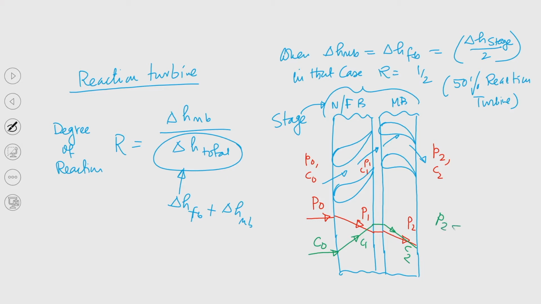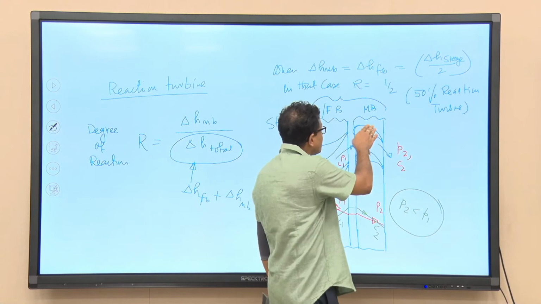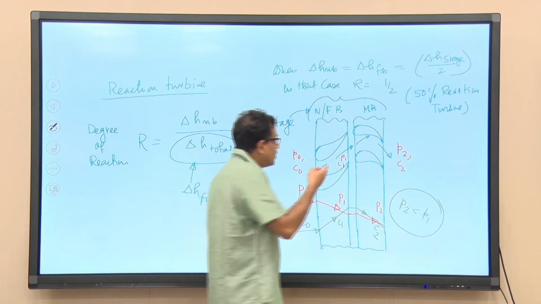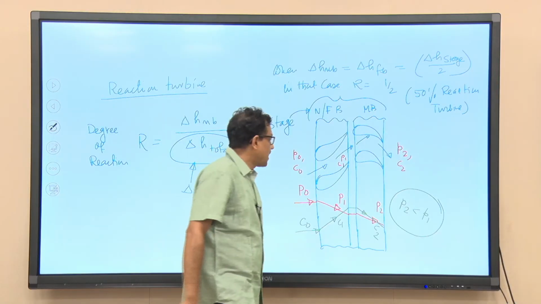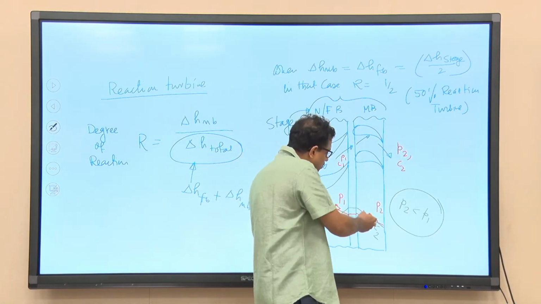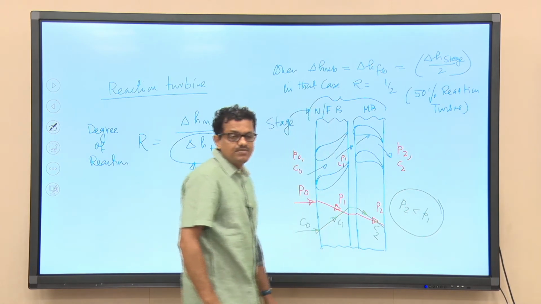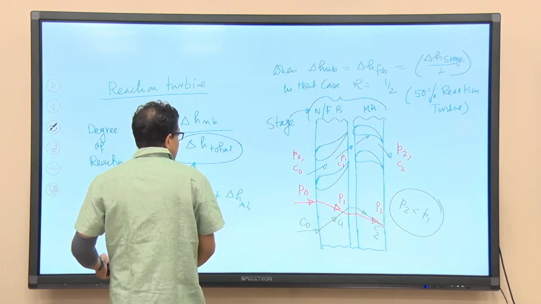Accounting for this pressure drop, there will be an increase in the kinetic energy of steam as it passes through the row of moving blades, and that is why we have discussed that the moving blades are of nozzle shape. So, there will be a slight increase in the kinetic energy of the steam even when the steam is passing through the moving blades. So, now let us draw the velocity triangles and then it will be clear.